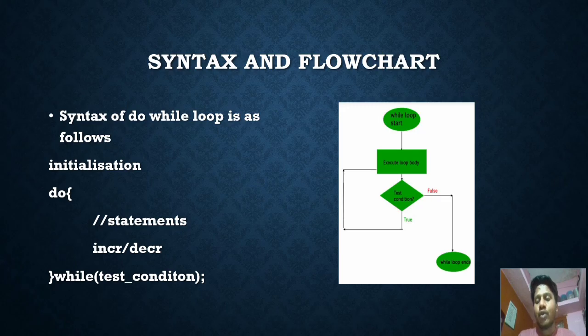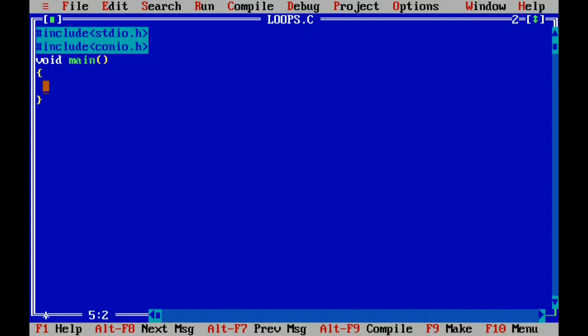So let's go to the editor. Okay, we are in the editor now. So here we are going to write the code on the do while loop. First I will declare i. Okay, first we are going to write do. Inside that we are going to write the statements. First, what you want to do, you want to print: printf hello world \n.